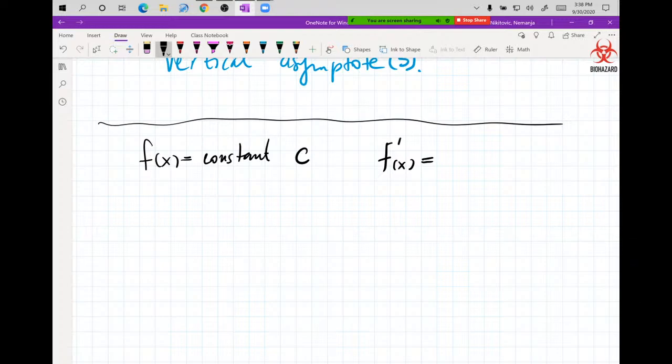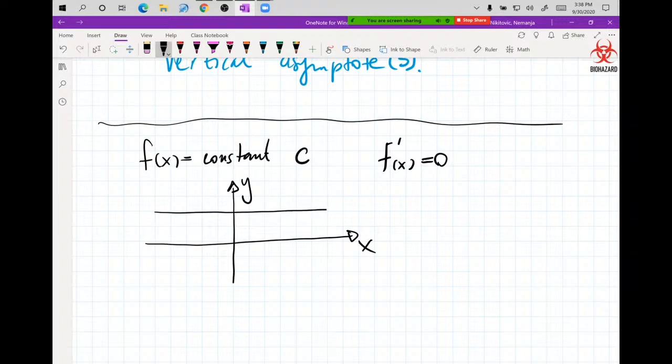So the derivative would be 0. So if I am to draw this, this is my x-axis, this is my y-axis, and let's say right here is c. So this is my y equals c, the function. My derivative is just going to be this 0 along the x-axis.